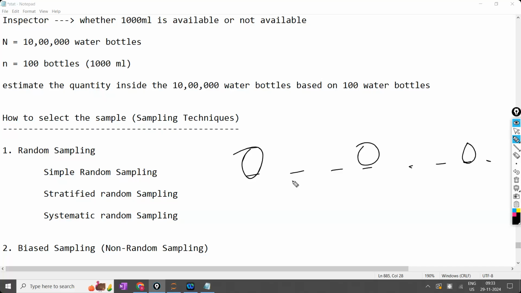I will not select her. For example, if I start here, then who will be the alternate? That person is going to be the alternate. So it is going to change. First number is your choice. From there, remaining things will be fixed. So that is the reason it is having first number random. From there, remaining things are fixed. It is called as systematic. So systematic random sampling.